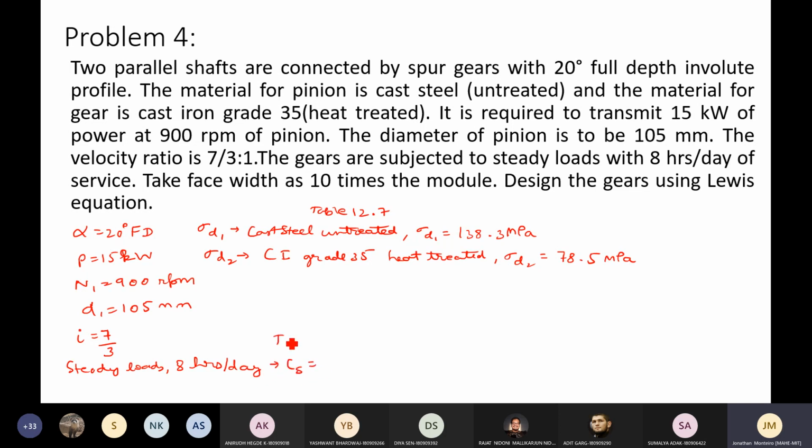So Cs factor according to table 12.8, 8 to 10 hours it is the same. It's actually very simple, no change at all, 1. The service factor to be taken is 1. Take face width as 10 times the module. So b is 10 times the module. Design the gears using the Lewis equation.